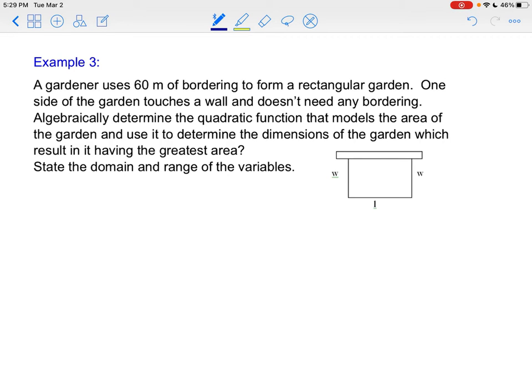Okay, so what we have over here is a little diagram of this problem. So we need 3 sides of a rectangle, or we need to basically fence off 3 sides of a rectangle. So what information is the problem giving us? First, we know that the perimeter of the fencing or bordering is going to add up to be 60, because that's how much of it we have to use.